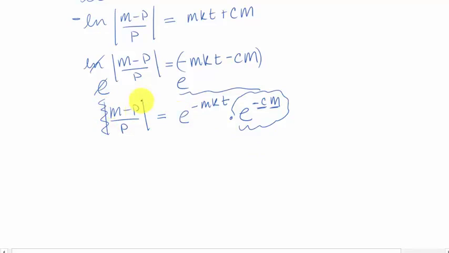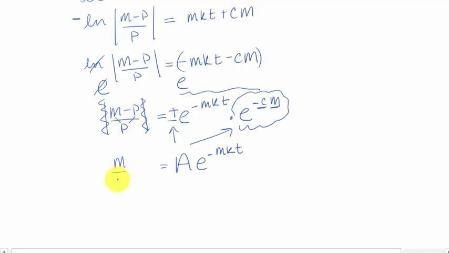Also, when we get rid of this absolute value sign, you get a plus or minus there. So that part and this part together make a new constant, which we're going to call a, and we're going to bring down the e to the negative mkt. Hopefully you're starting to see that general logistic equation form pop up here. And this becomes m, and I'm going to distribute this denominator.